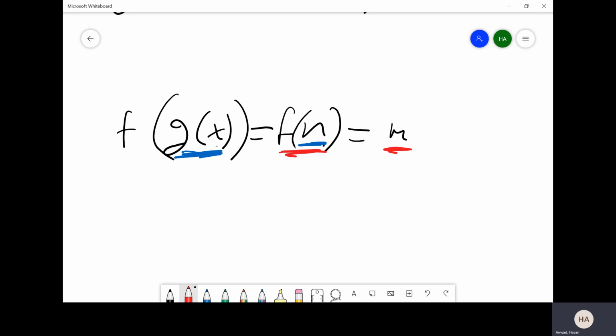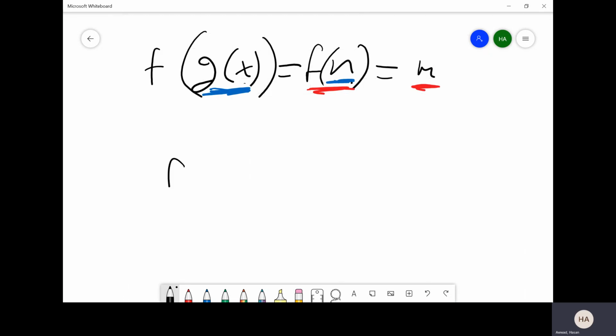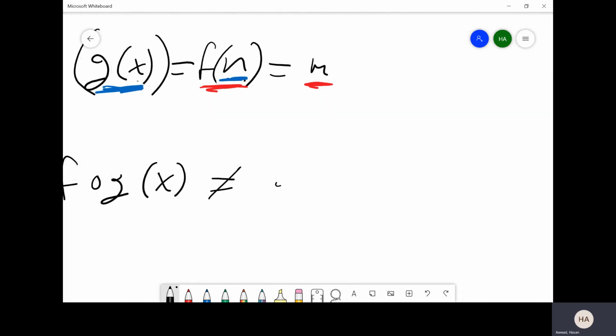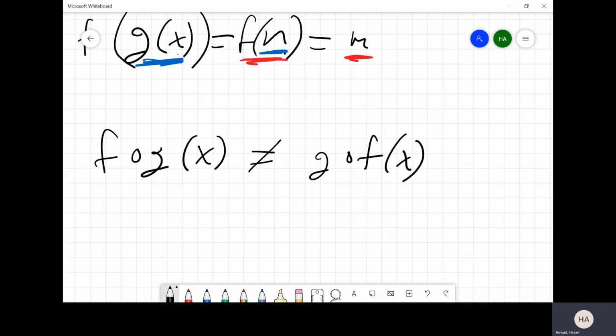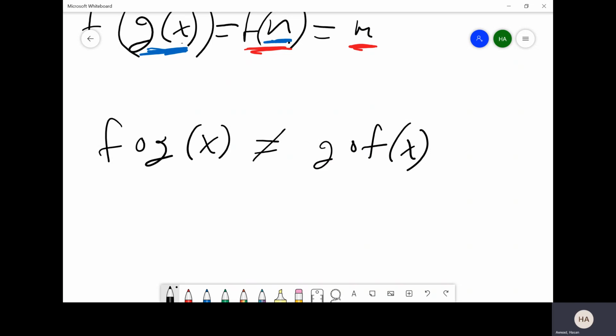So one thing that you should be aware of is that order does matter. Okay, what do I mean by order matters? What I mean is that f composed with g of x is not necessarily equal to g composed with f of x. And we'll see an example of that in just a second. Once again, if you're not really following what f of g of x means, the example should help break that down.